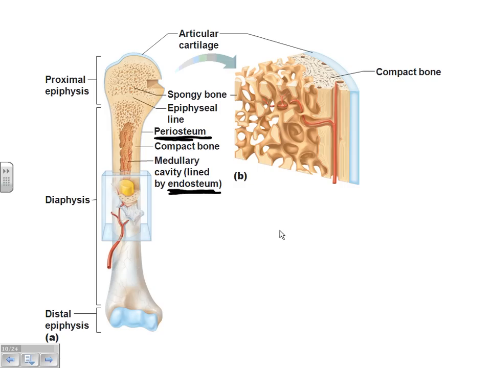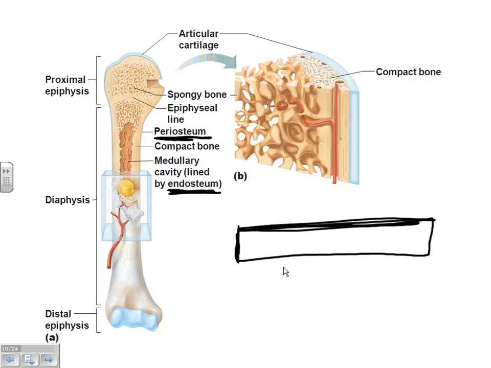Most part? Okay, so while I've got it here, let me show you what a short bone, a flat bone, and an irregular bone looks like. Okay, I'm just going to draw a flat bone, just have one to draw. You have compact bone on one end, compact bone on the other side, spongy in the middle.